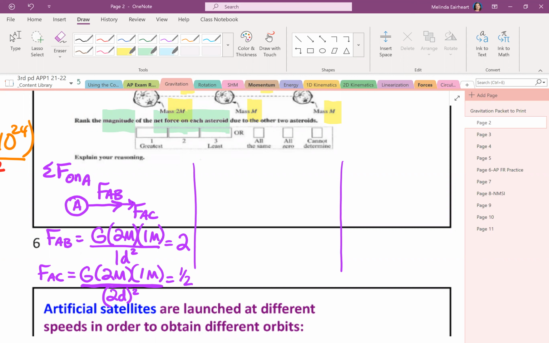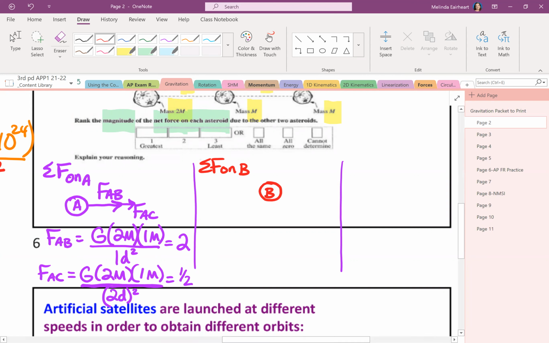Well, what about B? And so now the net force on B, again, we're going to be doing the qualitative math and then a diagram. Okay. Now B is in the middle. Can you understand why B is going to have a little tug of war going on? It's attracted to the asteroid on the left. It's attracted to the asteroid on the right. It's a little tug of war drama going on.